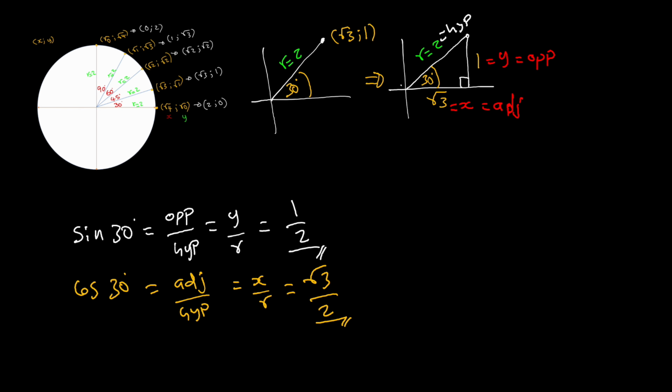The last one will be tan. All right. So tan 30 degrees. So tan 30 is opposite over adjacent. Opposite in this case is y over x. All right. So what do we have? We know that the value of y is 1, so I'm going to have 1 here, and the value of x is square root of 3.